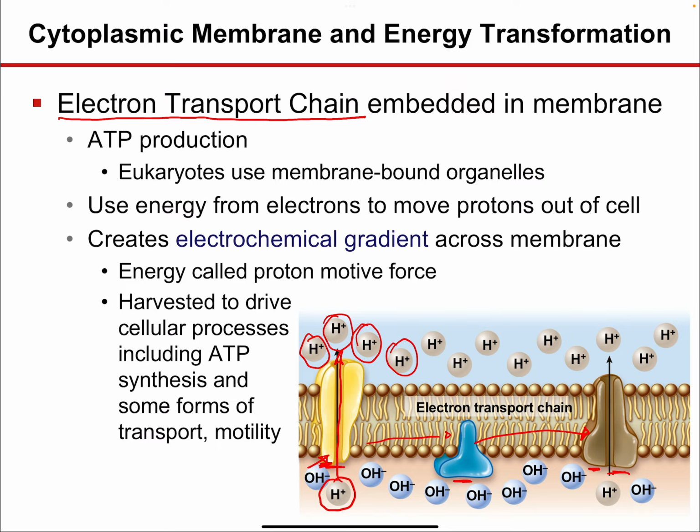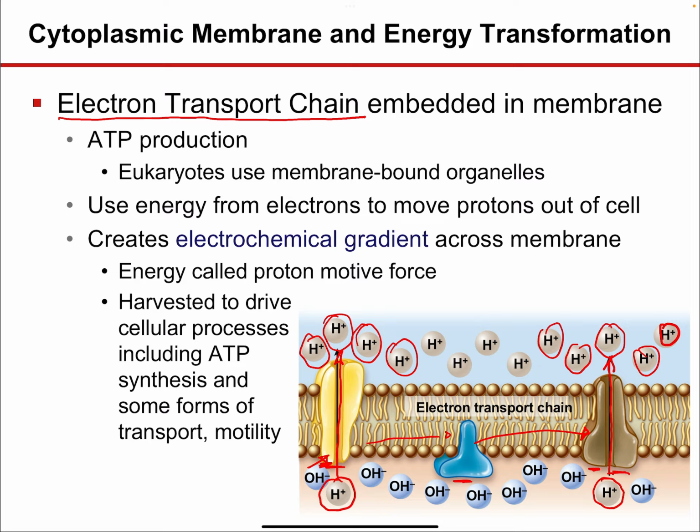And as it sucks energy out of the electron, that energy is going to be used to actually pump hydrogen ions from the inside of the cell toward the outside of the cell. And just like we saw earlier, we're going to have some hydrogen ions that are going to be pumped out.